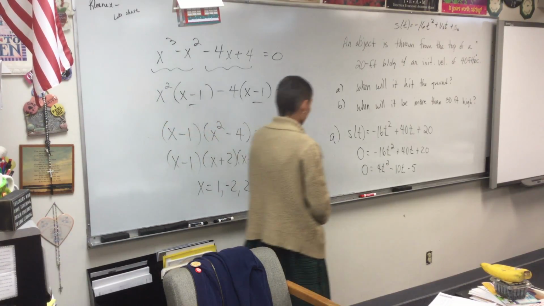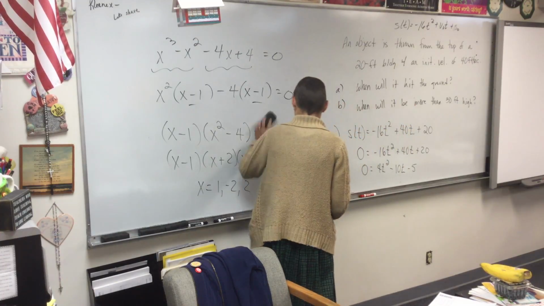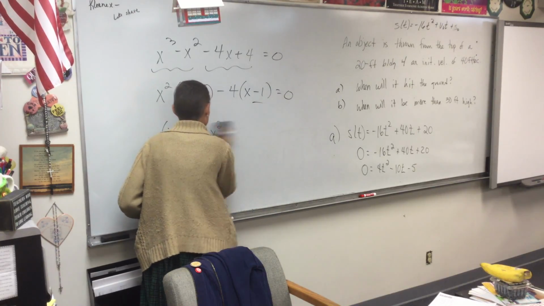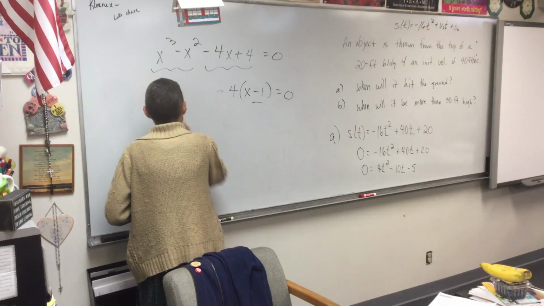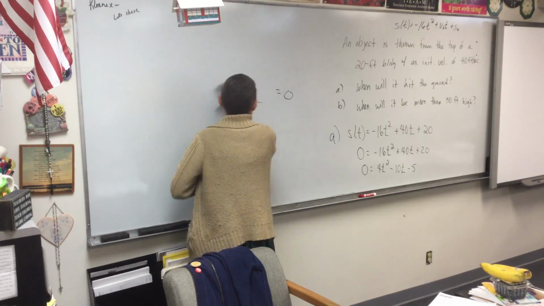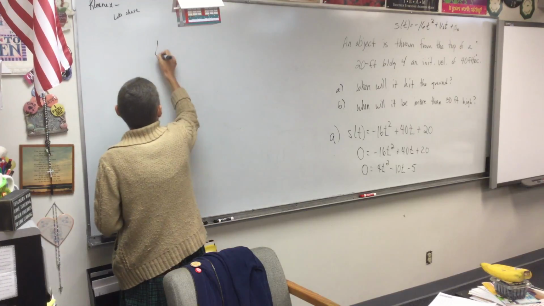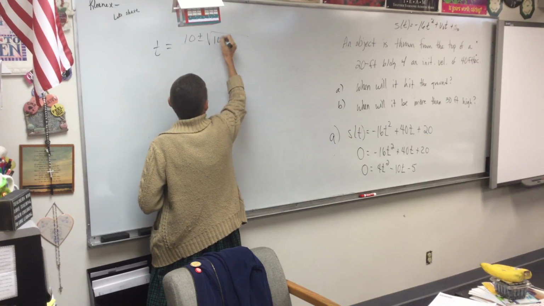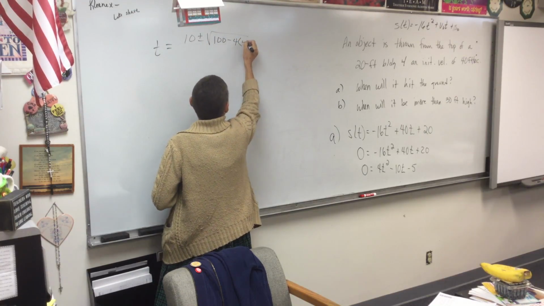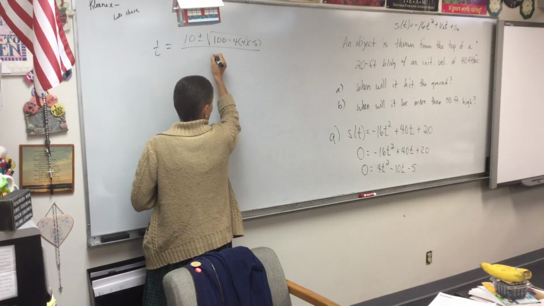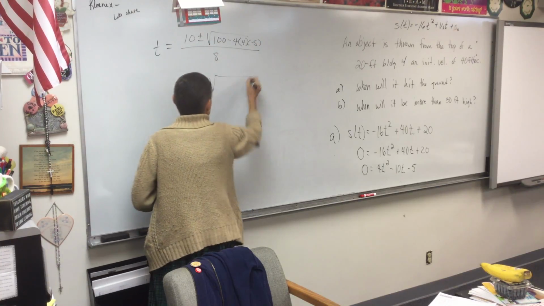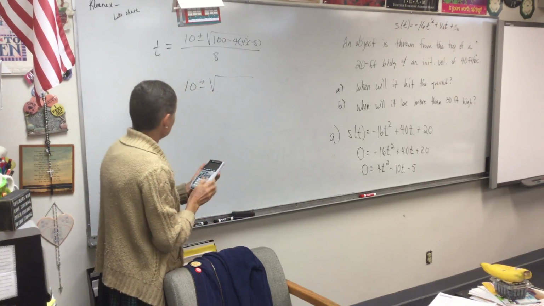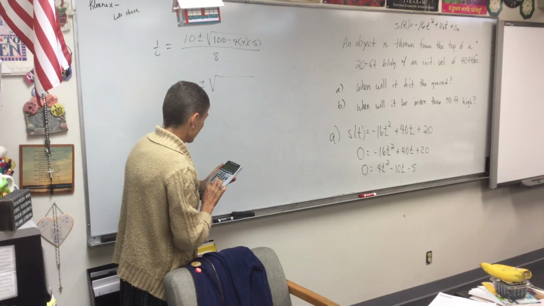We could use the quadratic formula for sure. That will always work. The ones they gave us in the textbook factored nicely, but since I just randomly made this one up, I'm sure it doesn't factor. So t equals negative b plus or minus the square root of b squared minus 4ac, all over 2a. You're going to have a calculator to assist you, so we're not worried about this arithmetic.